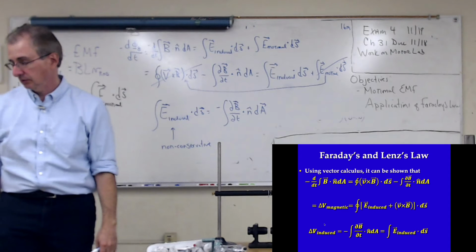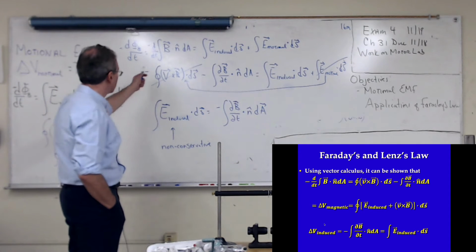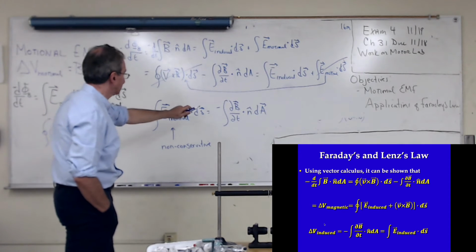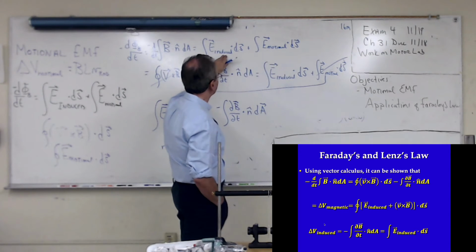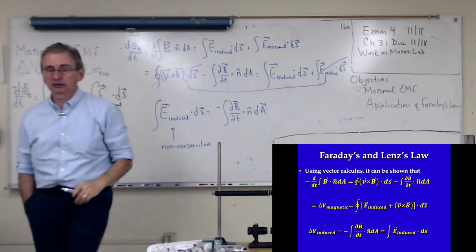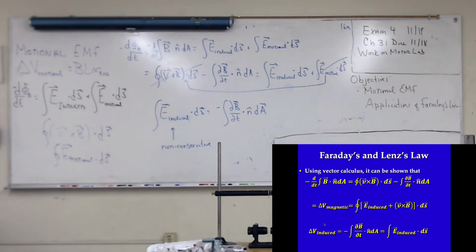Okay. So we've broken up Faraday's law really into two parts. One involving a changing circuit and one involving a changing magnetic field. So we have a better understanding of what that means.